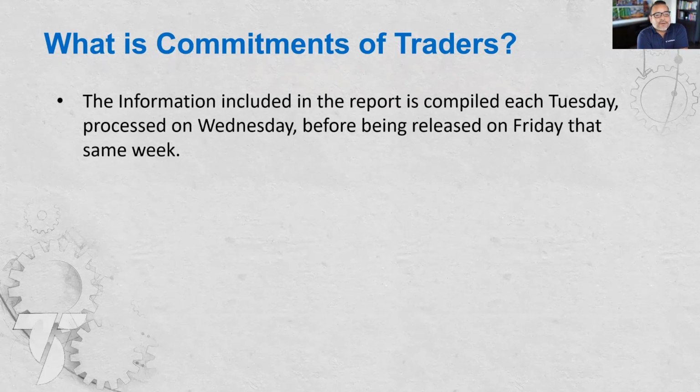The information in the report is compiled each Tuesday at the close of the day, processed for Wednesday, and released on Friday, which means that Friday evening is when the CFTC releases the data pertaining to the past Tuesday.